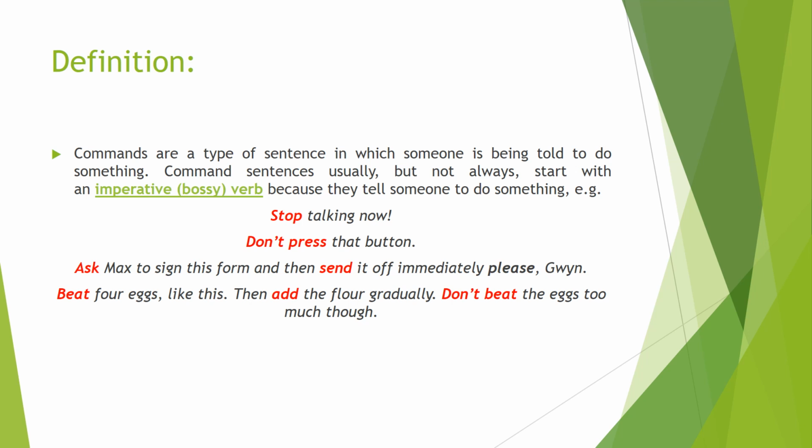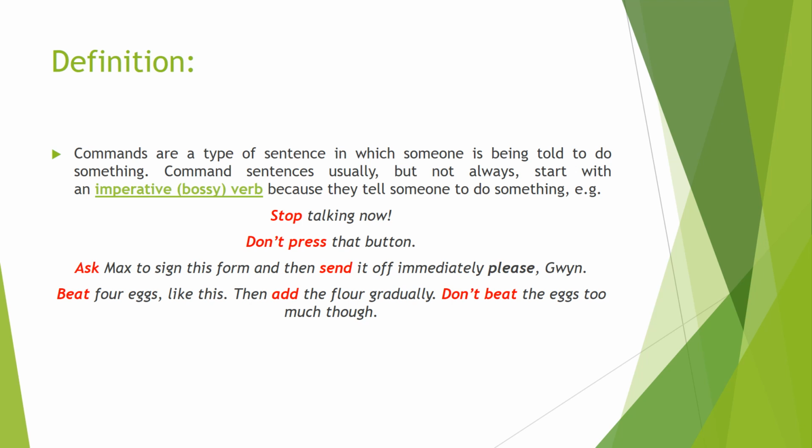Another example of the use of commands in English is when we give instructions. Okay, we show people how to do things. For example, beat 4 eggs like this, then add the flour gradually. Don't beat the eggs too much though. Here we are telling someone how to, for example, bake a cake.